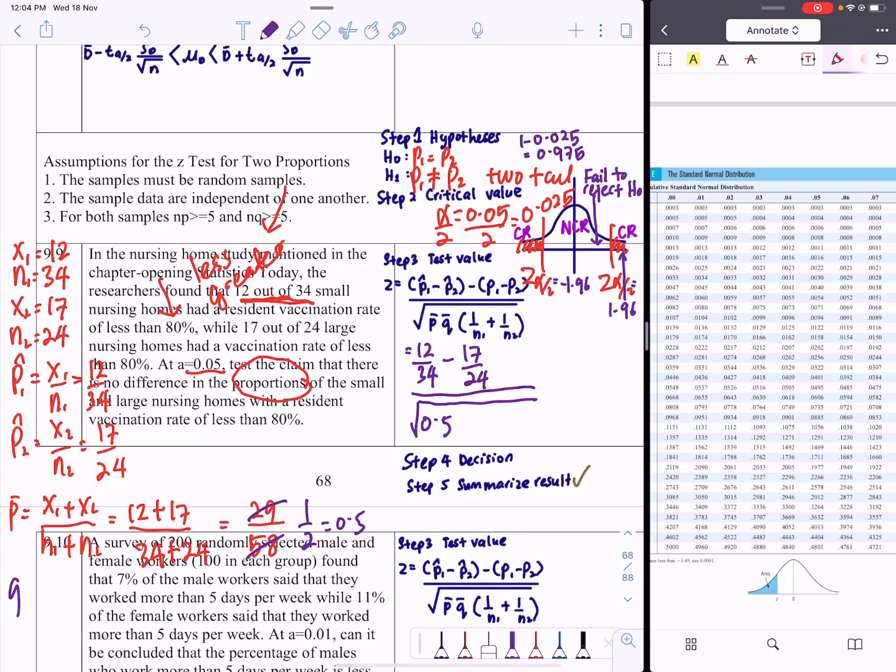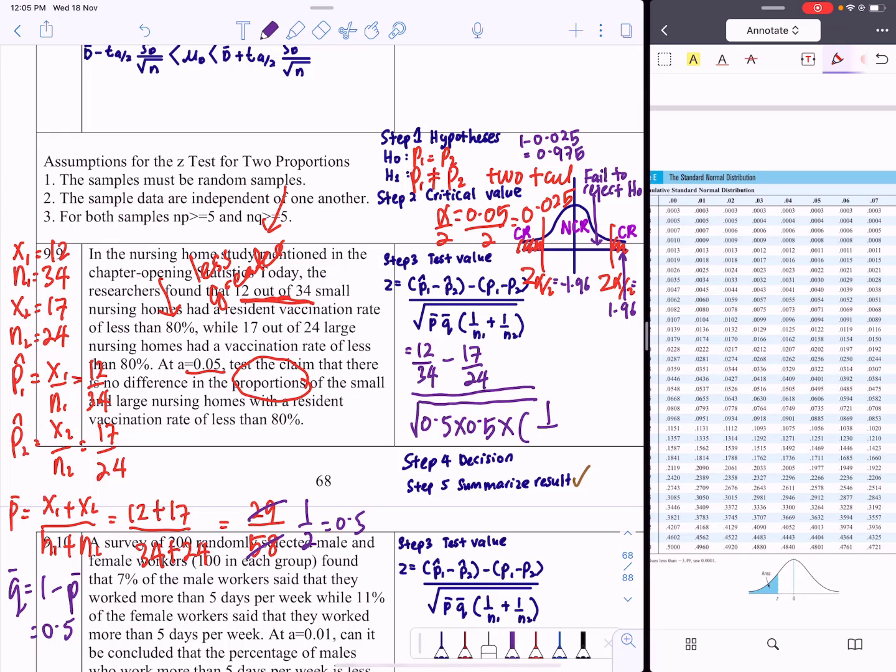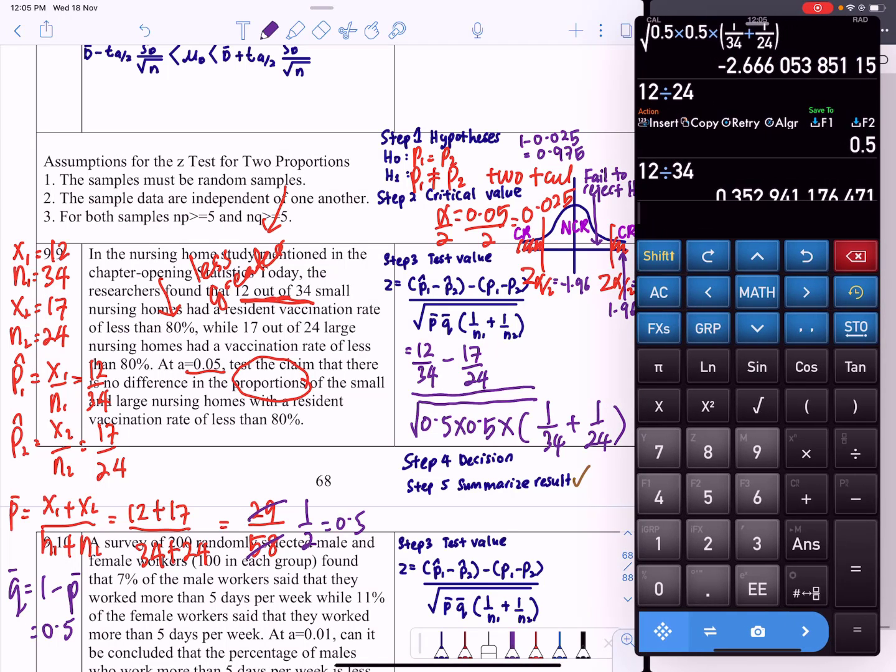How to find the Q? 1 minus P equals 0.5. So 0.5 times 0.5 times inside the bracket 1 over n1 34 plus 1 over n2 24. Then we use the calculator.